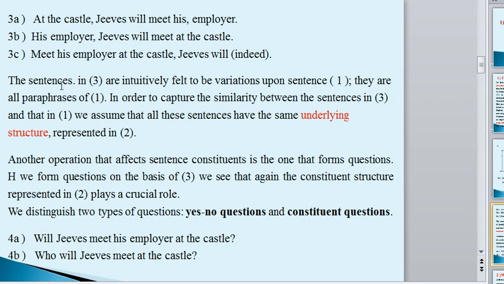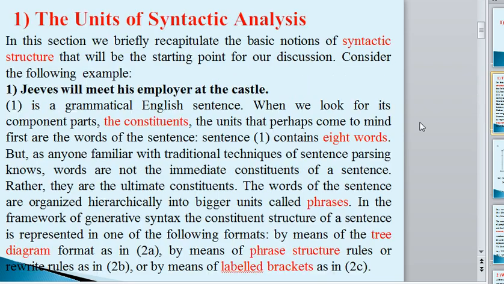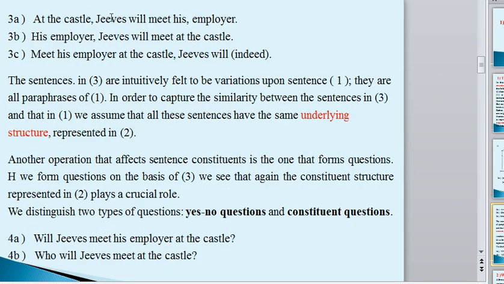Again, you see here three examples based on example number 1. At the castle, Jeeves will meet his employer. His employer, Jeeves will meet at the castle. And meet his employer at the castle, Jeeves will indeed. You see here again the example number 1, Jeeves will meet his employer at the castle, and these three examples are variations upon sentence number 1.